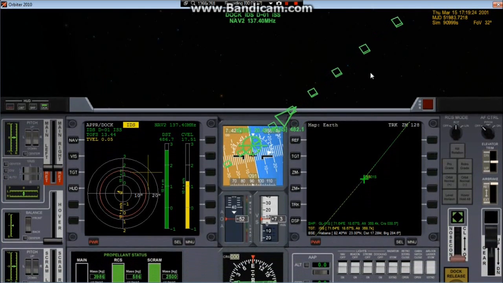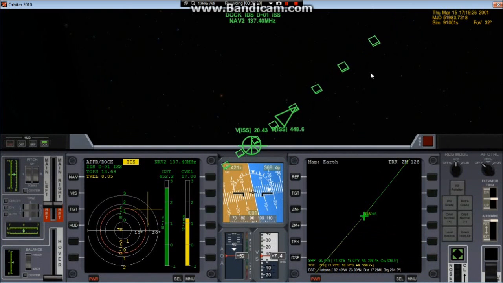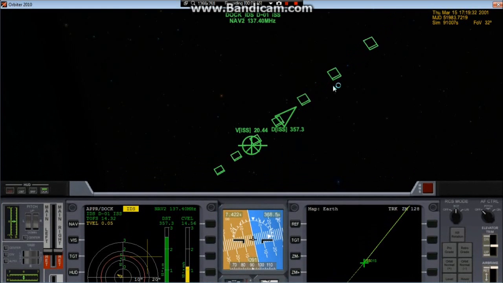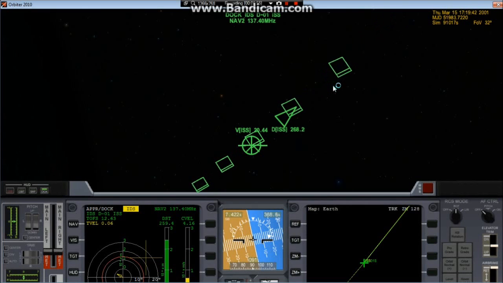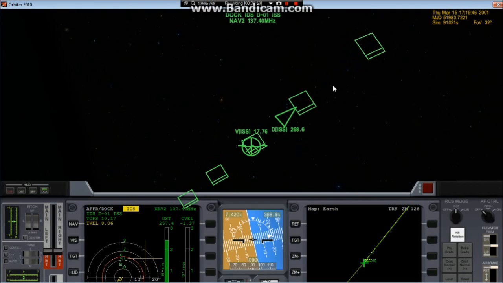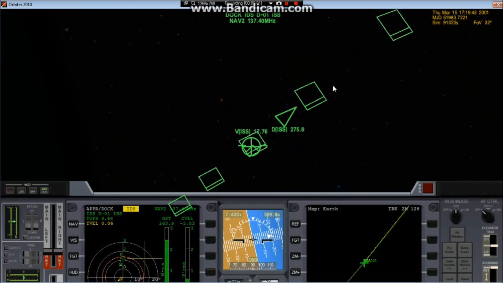And I don't have information on where these boxes are, so I'm going to have to use my own derivative calculative behavior in my brain to try and guesstimate where to brake. So let's just get an idea for the retro engines, which are not as powerful as I thought. So we're basically going to aim for one of these boxes.